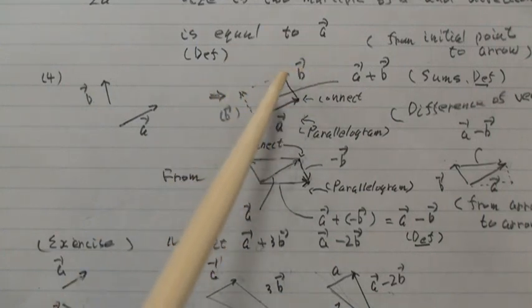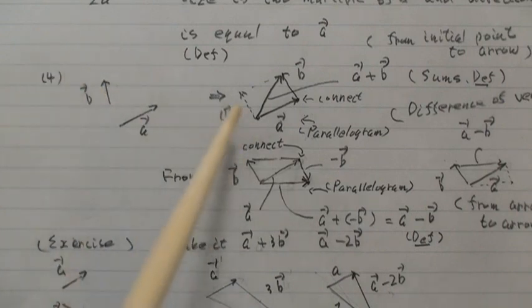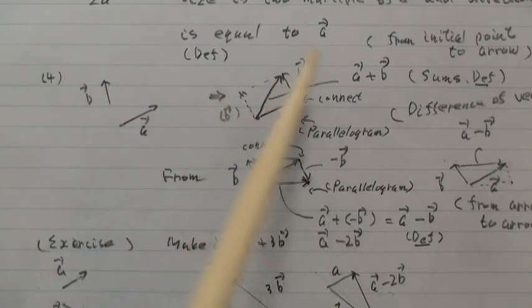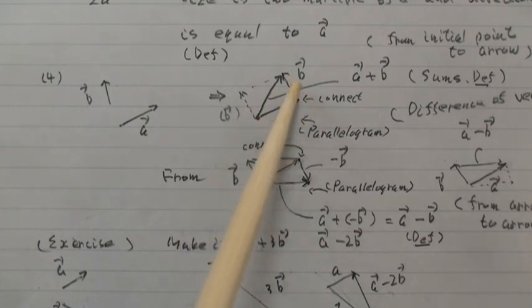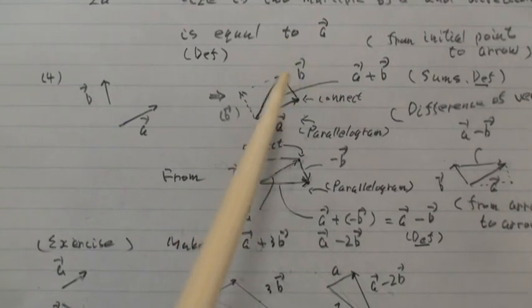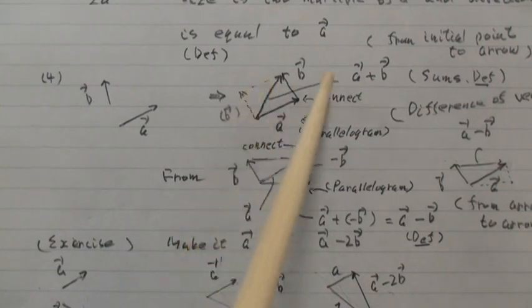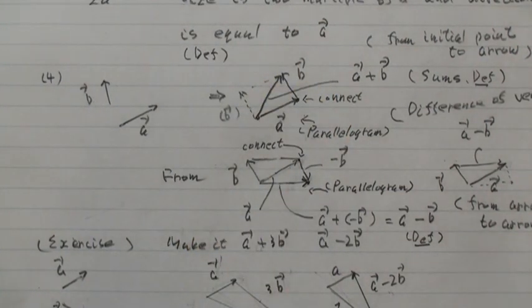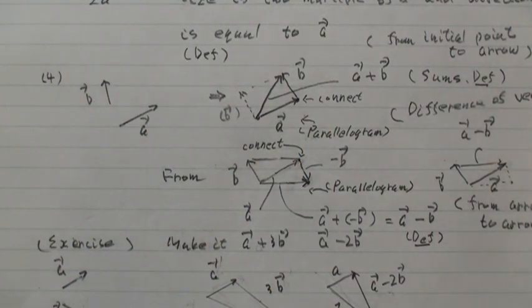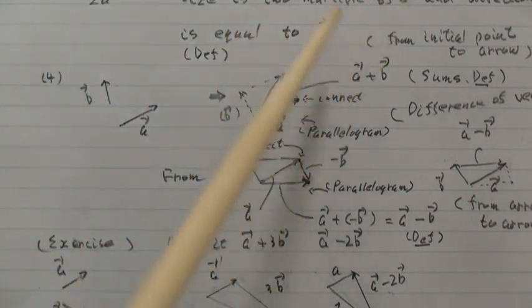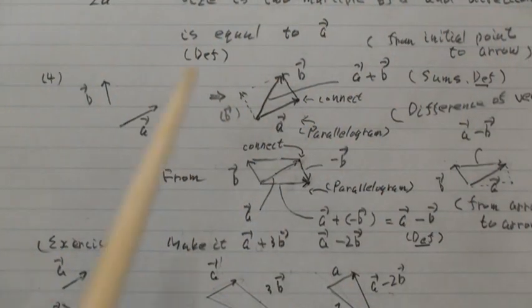And from A vector, this point connects to B vector. Then this is A plus B vector. This is the definition. This figure is a parallelogram. This is the sum definition.